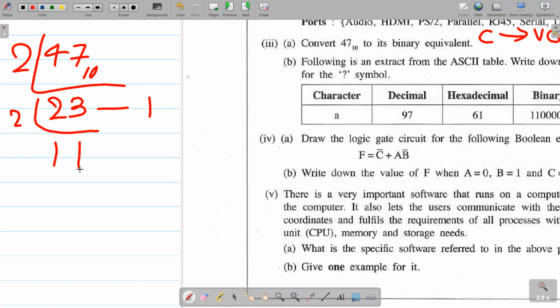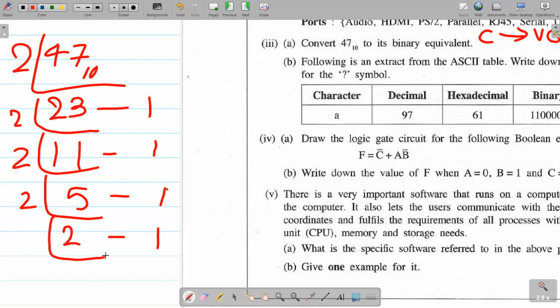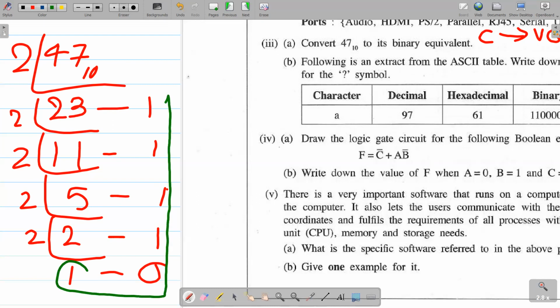So this is going to be 11 and 1 is remaining. And this is going to be 5 and 1 is remaining. This is going to be 2 and 1 is remaining. And 1 and 0 is remaining. So the number is going to be 1 0 1 1 1 1.